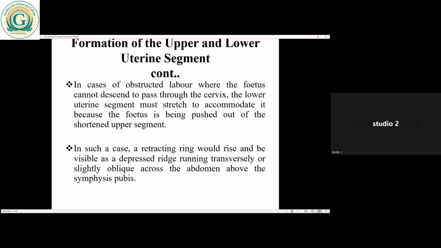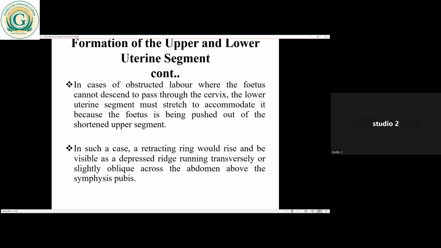One, in case of obstructed labor, where the fetus cannot descend to pass through the cervix, and the lower uterine segment must stretch to accommodate it, because the fetus is being pushed out of the shortened upper segment. In such a case, a retraction ring will rise and become visible as a depressed ring running transversely or slightly oblique across the abdomen above the symphysis pubis.